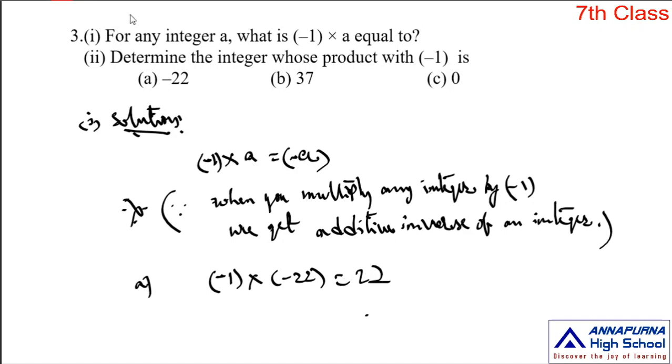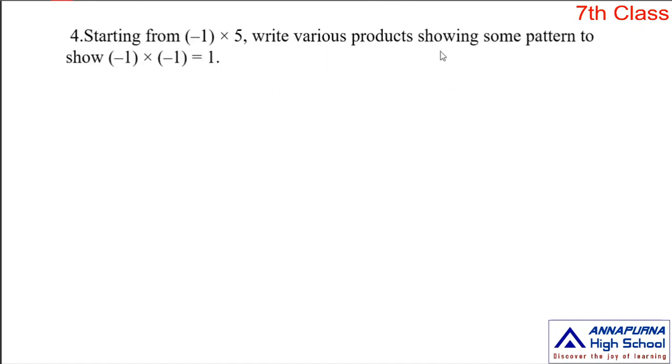Now the fourth problem. Starting from minus 1 into 5, write various products showing some pattern to show minus 1 into minus 1 is equal to plus 1. At last we have to show that minus 1 into minus 1 is 1, as we know that the product of two negative integers is positive.